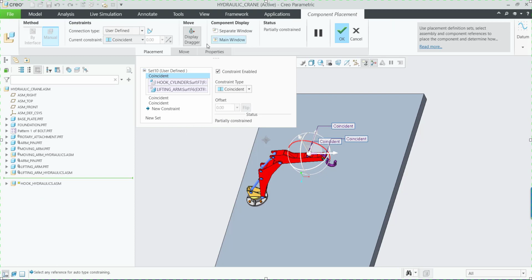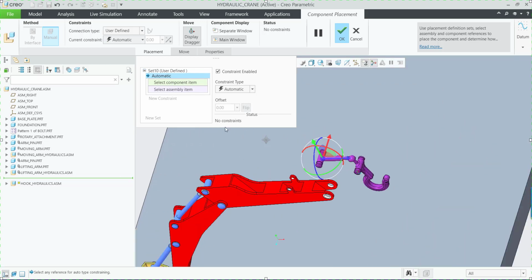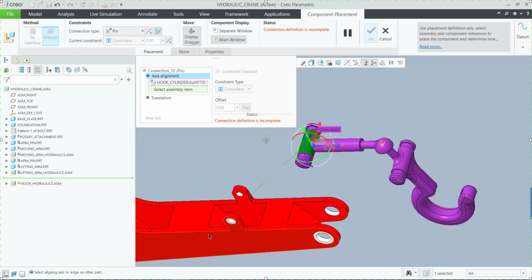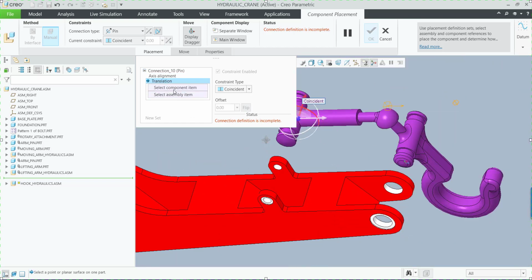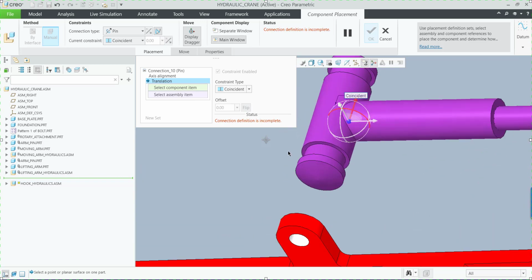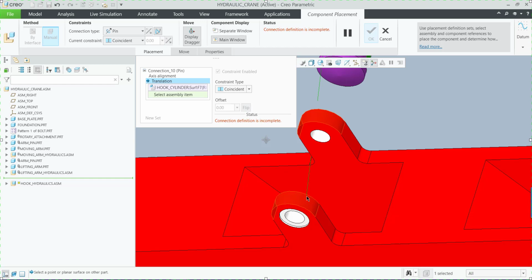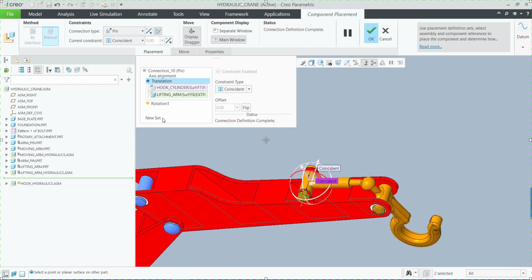And further with this assembly, I will again delete the constraints that are available over there. Let me put it somewhere here, and again I will have two connections. One is the pin connection for this pin with this hole, and the surface mating over here, and I will have a new set.